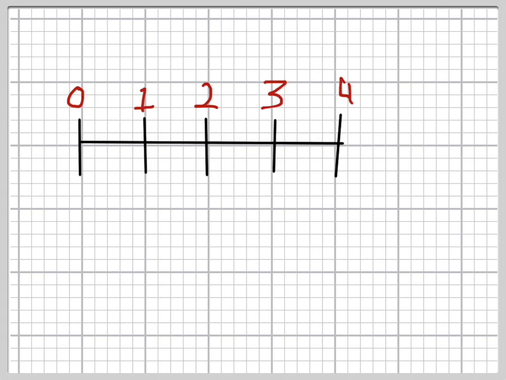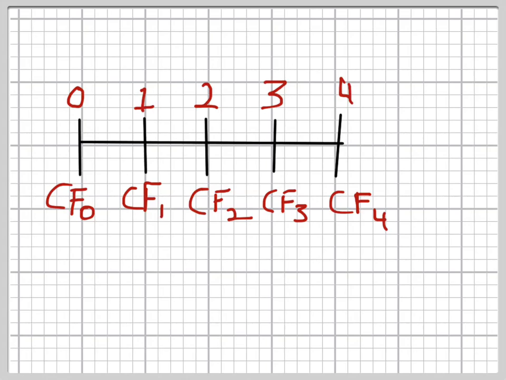Below the tick marks is where you have the cash flows. So you will have cash flow 0, cash flow 1, cash flow 2, cash flow 3, cash flow 4, and so on. I'm going to add to the timeline here. We'll carry this out in periods.